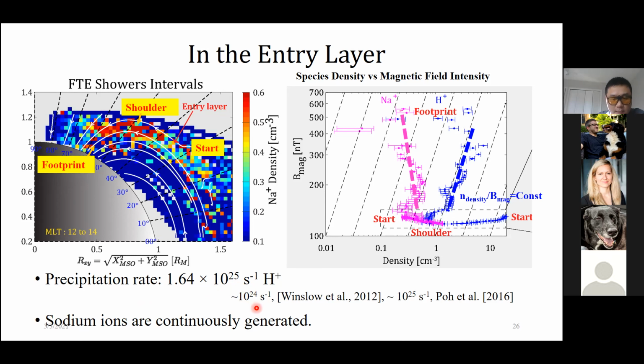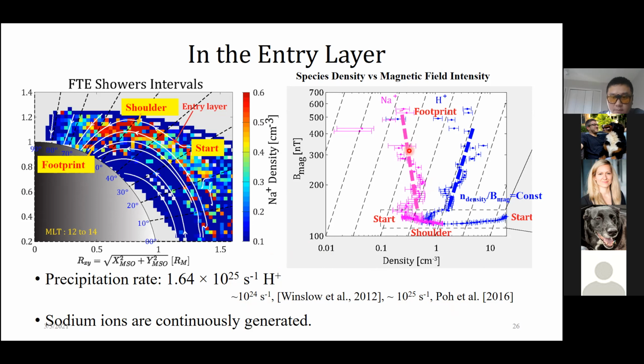A previous study based on the average precipitation rate over Mercury's north cusp found around 10 to the 24th per second, so this value is around an order of magnitude higher than that average value. And Poh et al. investigated the cusp filament, which actually corresponds to the active period of Mercury's magnetosphere, and they got a comparable value to this study.